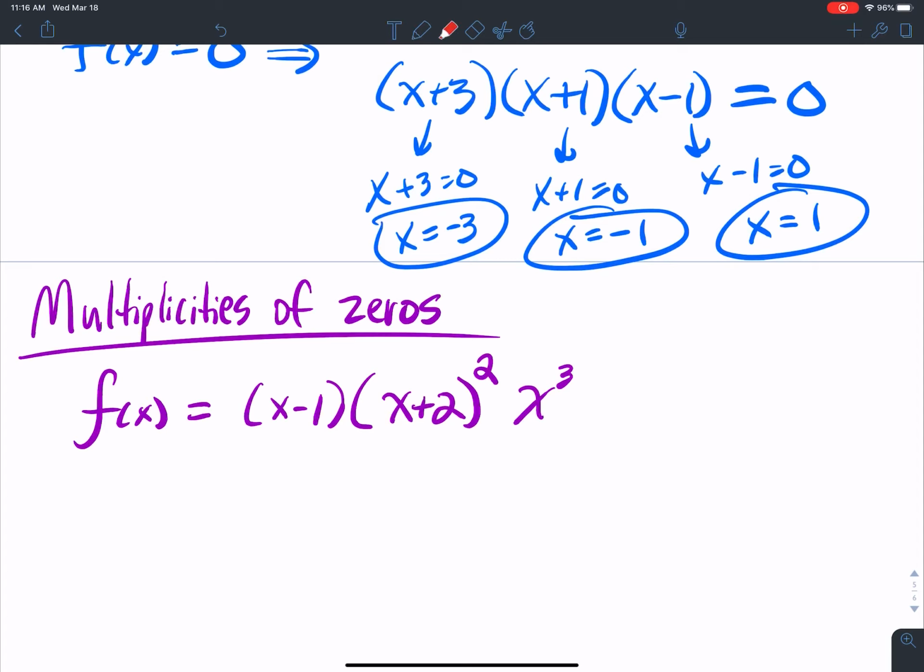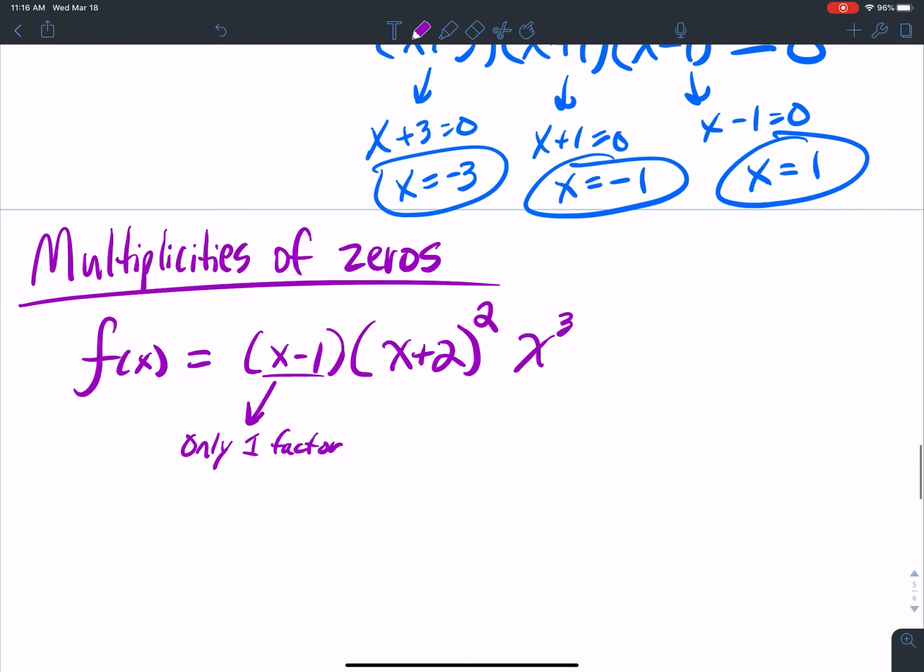Well, this form for us is really nice because it's already factored. All right? When I look at this, I have only one factor. Okay? It's just one factor, x minus 1. So the multiplicity right here, how many copies there are, you can think of multiplicity as how many copies.